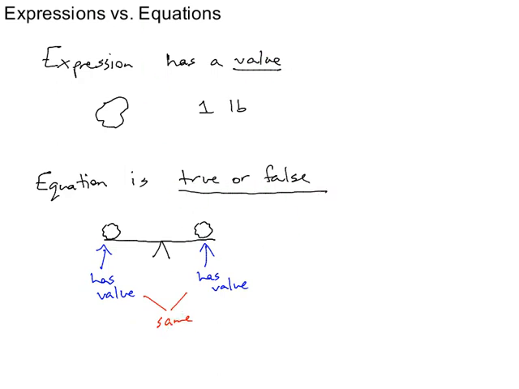So what sorts of things could we do to an expression? Well, one thing I could do, if I take this rock, let's erase this, I could put another rock. I could double the number of rocks I have, or I could multiply the number of rocks I have by 3.